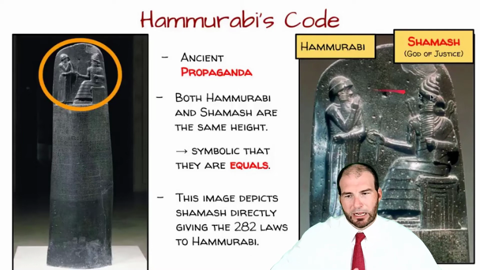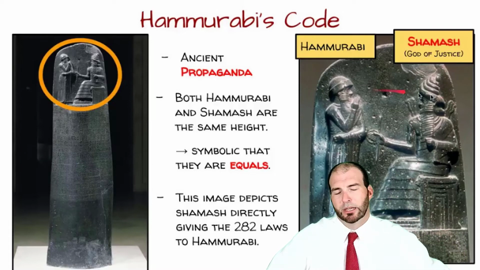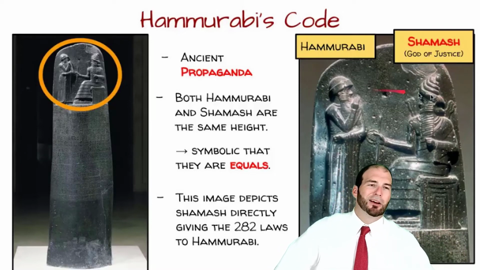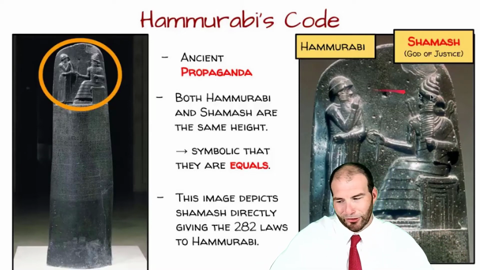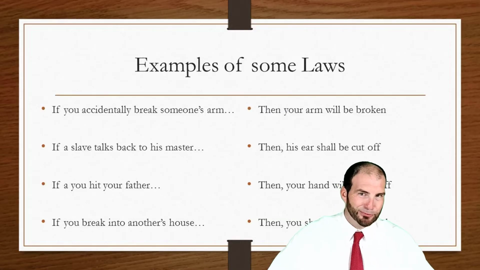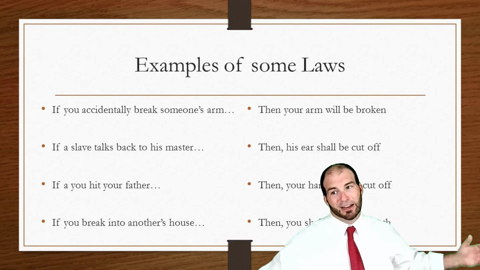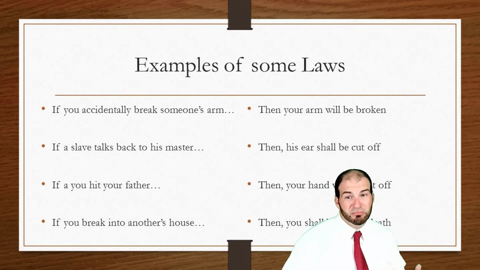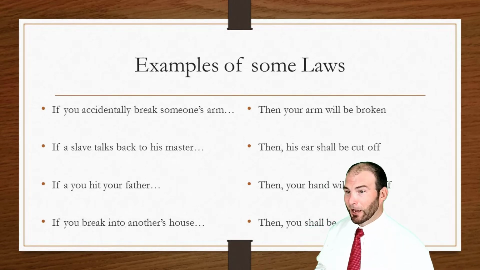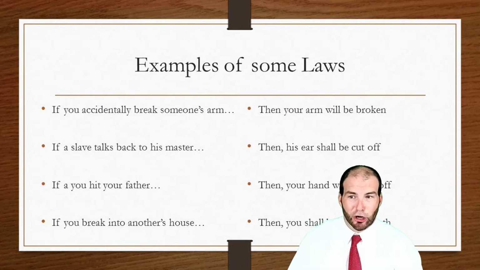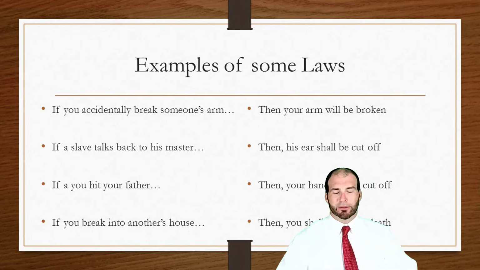So there's 282 laws of Hammurabi. Supposedly, the story is he was given them by the god. I want to give you an example of some of these laws. So you're like, oh, cool, Hammurabi's got codification of laws. They're pretty intense, man. If you accidentally break someone's arm, your arm will be broken. If a slave talks back to his master, like, wait a minute, slavery, we're talking about, just go with it.